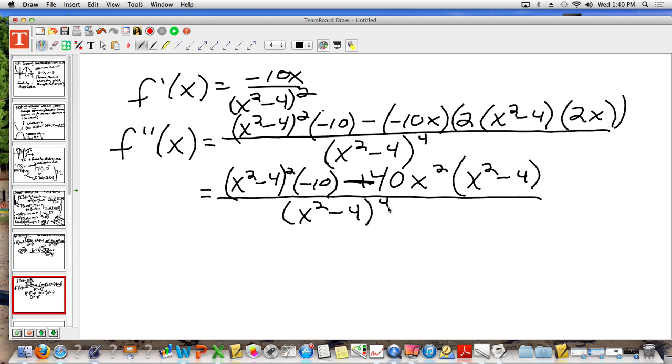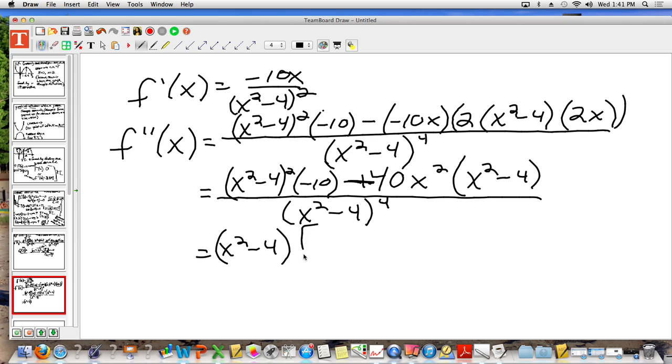Alright, so the two top situations both have an x squared minus 4. I'm going to factor it out. How many of them can I factor out? Well, we have 2 of them here, and I have 1 of them here. So I can only ever factor out the smallest number of them, which is 1 x squared minus 4.